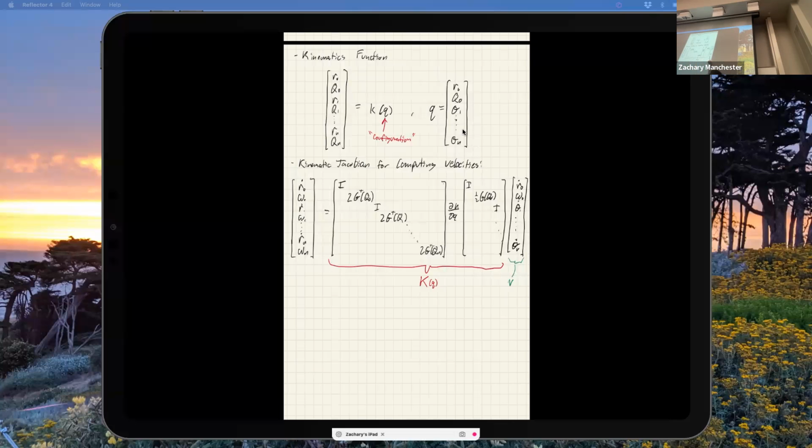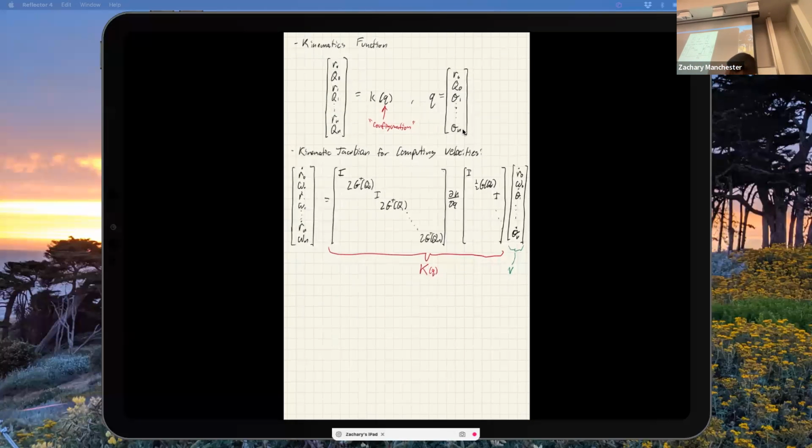So the message here is that the input and output of this stay the same no matter what attitude representation we use. What ends up changing is inside this K, how you compute this K, the details of these guys. But when you smush it all together, this is coordinate invariant in some sense, which seems nice, and in a deep sense like the right thing to do. Okay, enough of that.